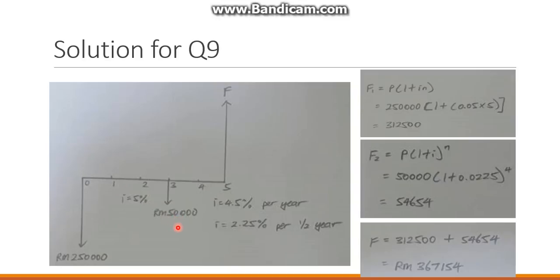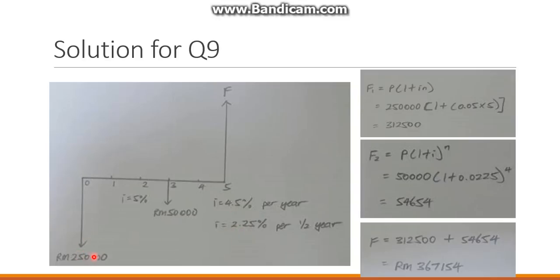However, for the 50,000, the interest rate is 4.5% per year, which means that every half year the interest rate is 2.25%, since 4.5 divided by 2 gives 2.25. Then we proceed with the calculation.